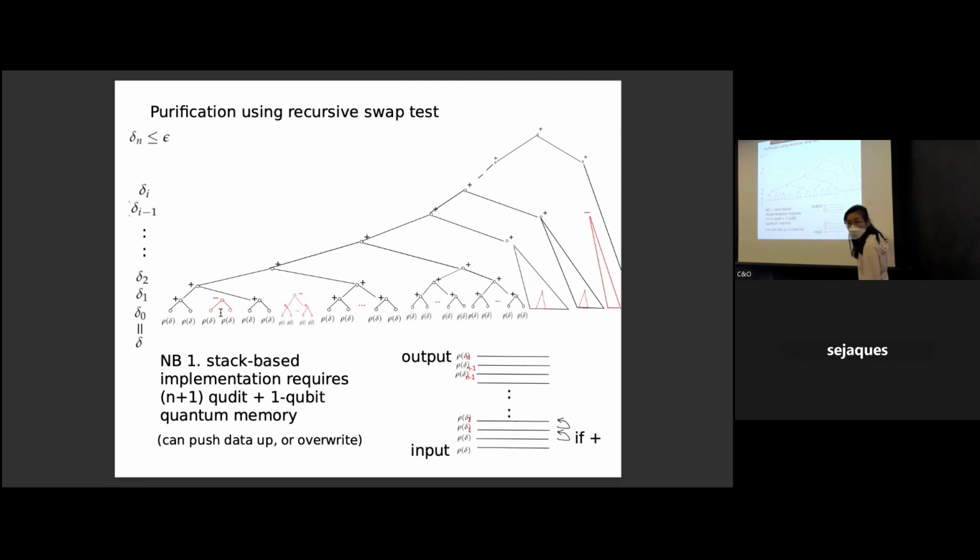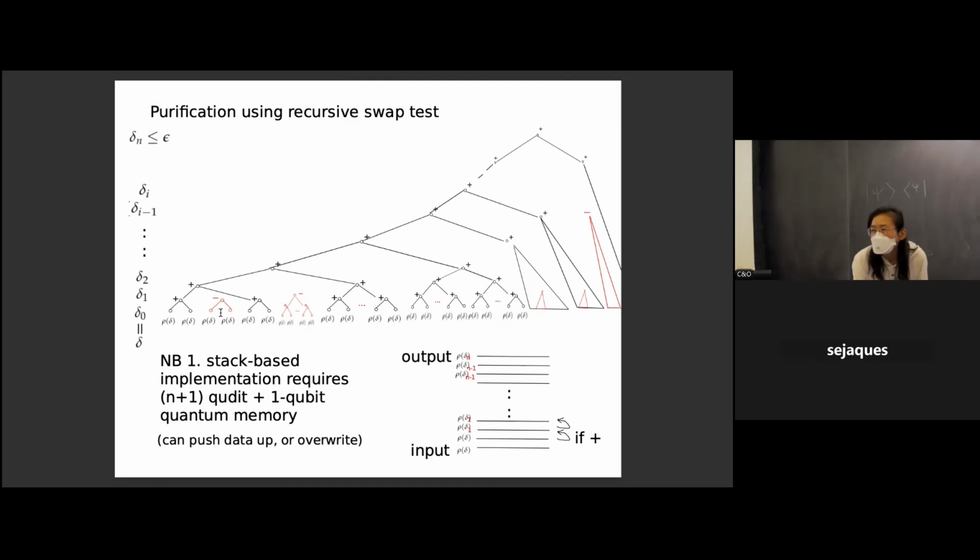With an architecture like this, you can ask for one copy of the noisy state, then push the noisy state up. You can ask for a second copy, then perform the swap test on these two registers. If it is good, you keep this copy and push that one up, and then you ask for another 2 copies here. And if it is good, then you have one here. You can always swap test here. If it is good, push it up. If you keep doing it, you never need more than n plus 1 of those registers. It turns out it's very space efficient.